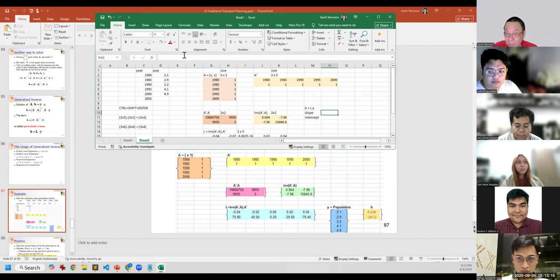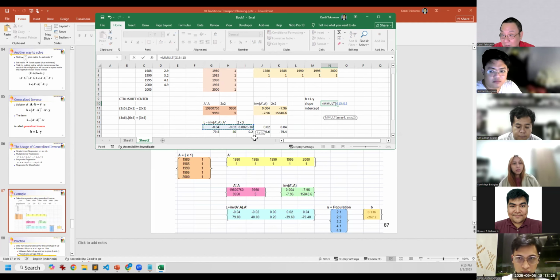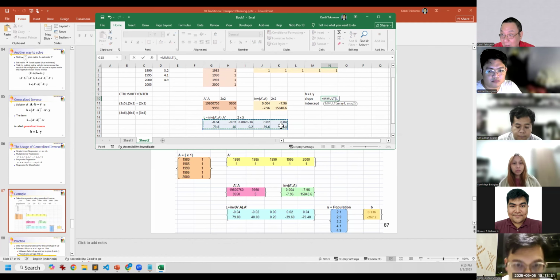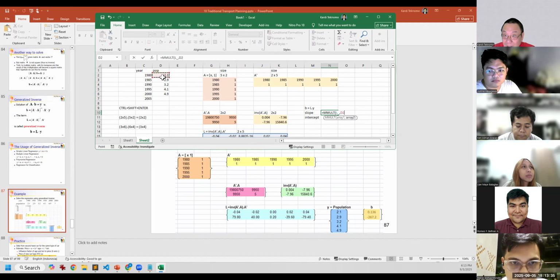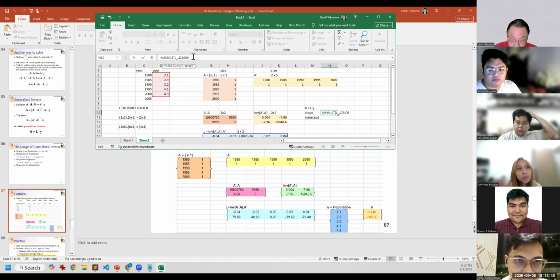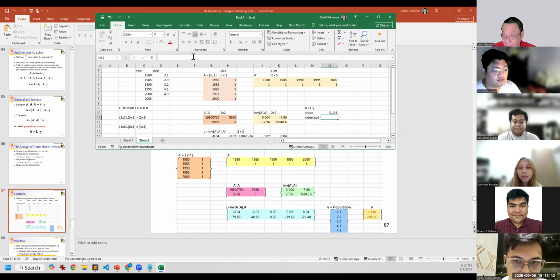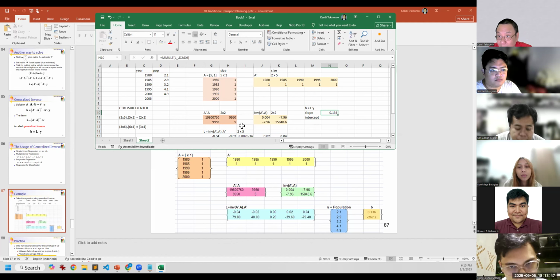That multiply means matrix multiplication. So then I will do MMULT of this generalized left inverse and this y. Then again, what is the size?